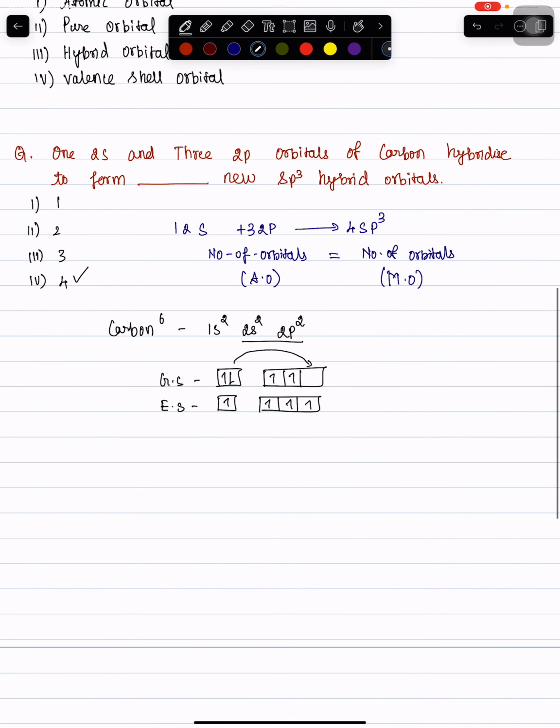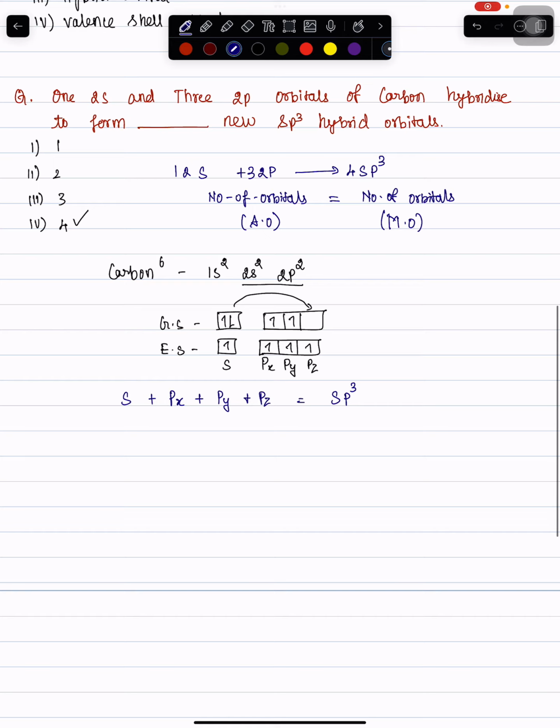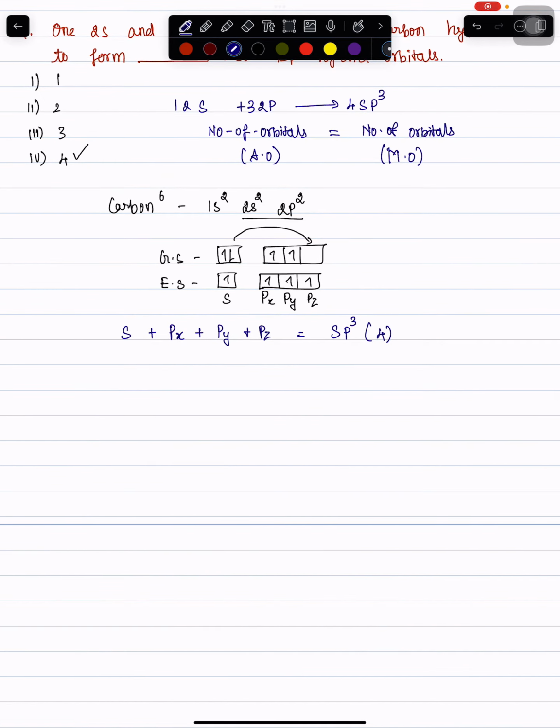Each p orbital we mention as px, py and pz. These 4 orbitals intermix, s plus px plus py plus pz, so that we get sp3. The number of orbitals involved is 4, one s and three p, so we get 4 sp3 hybridized orbitals. It should be equal.